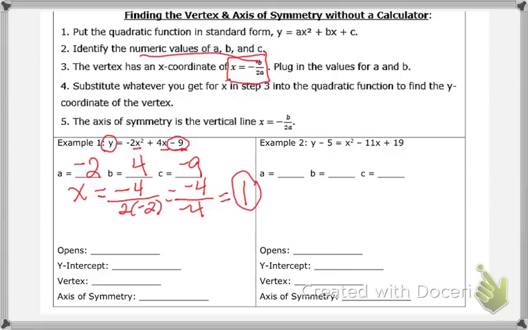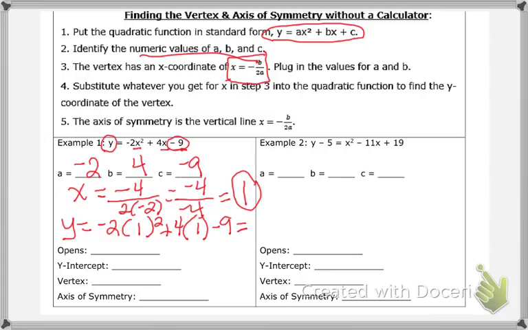Step 4 is I'm going to substitute my x value into my equation at the top to find out what my y value is. So y equals -2 times x squared plus 4 times 1 minus 9. When we put that into our calculator and solve it, that gives us y is -7.